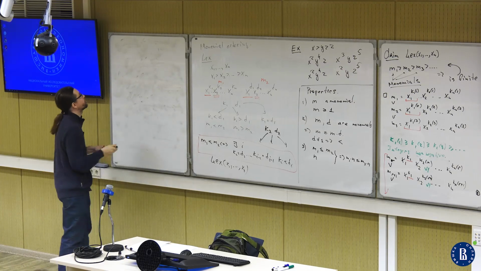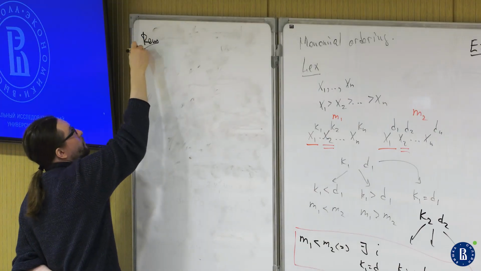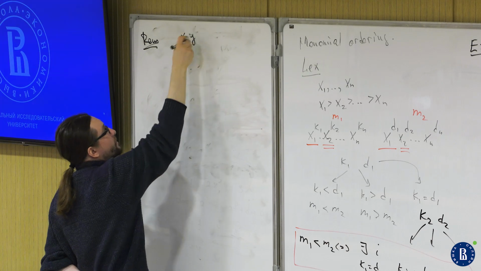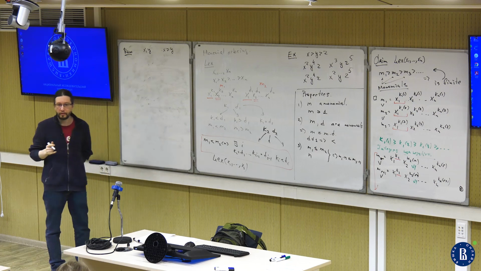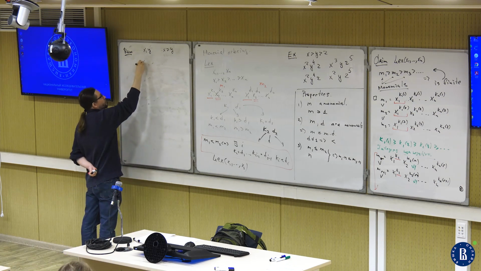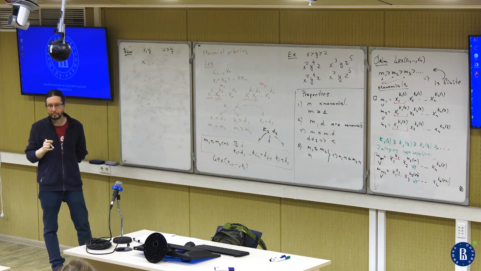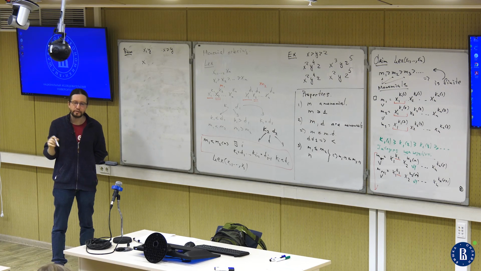If we have two variables, x and y, and x is higher than y, then if we take the monomial x, how many monomials are strictly smaller than x?